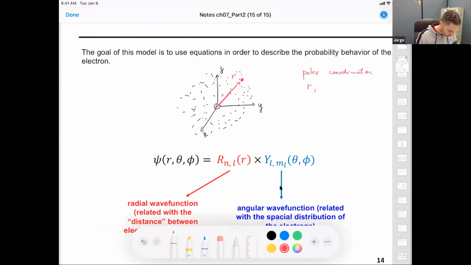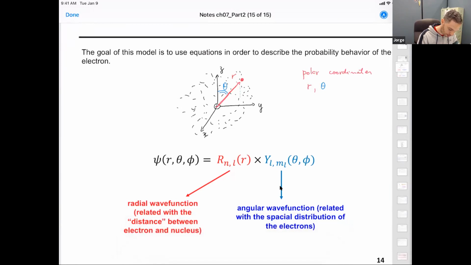Then the angle between the vector r and the z-axis, that's going to be labeled as theta. So r, theta. And then finally, we have the projection of the r vector in the xy plane. Right here, the projection. And the angle between the x-axis and the projection, that's labeled as phi.